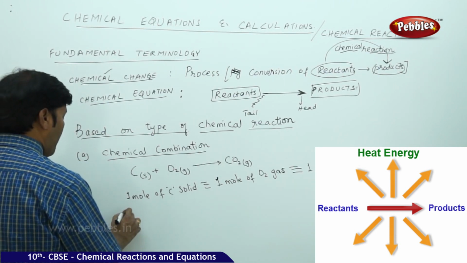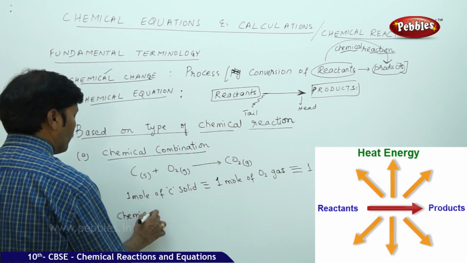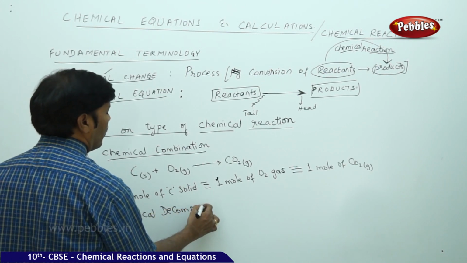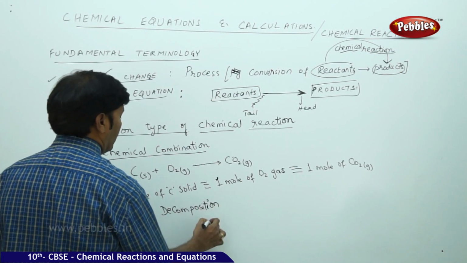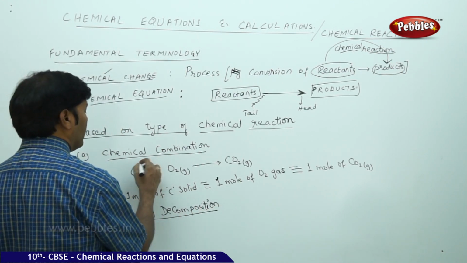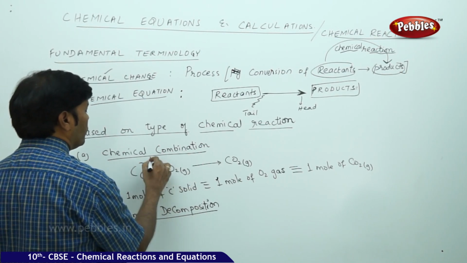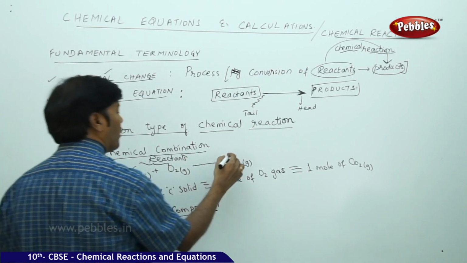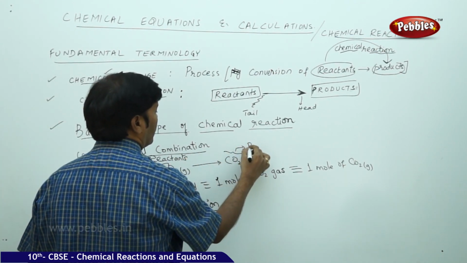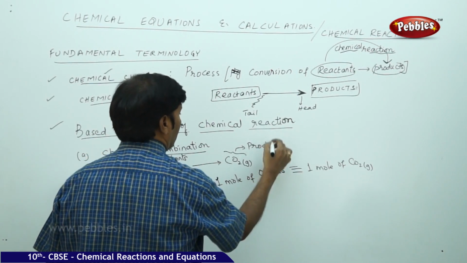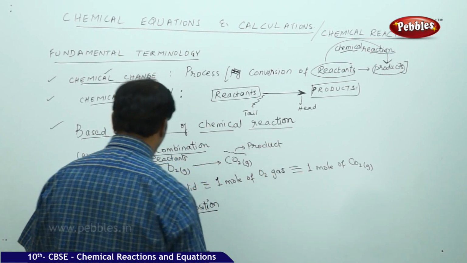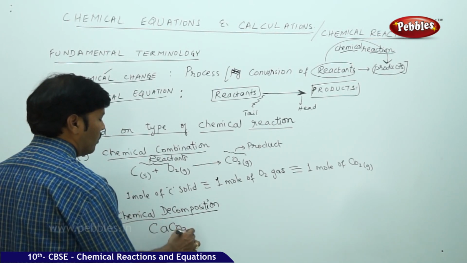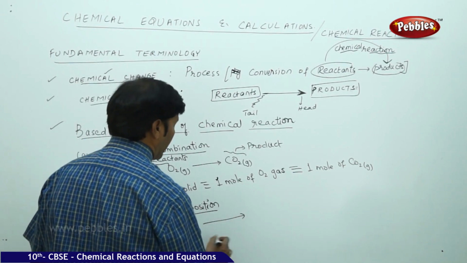Suppose you are taking chemical decomposition. Mind you, here carbon solid and oxygen gas are reactants, and carbon dioxide is a product. Similarly in chemical decomposition, suppose I am taking CaCO3 solid, limestone, calcium carbonate.